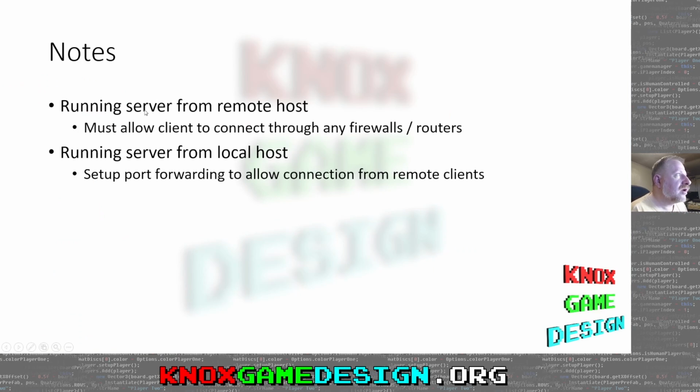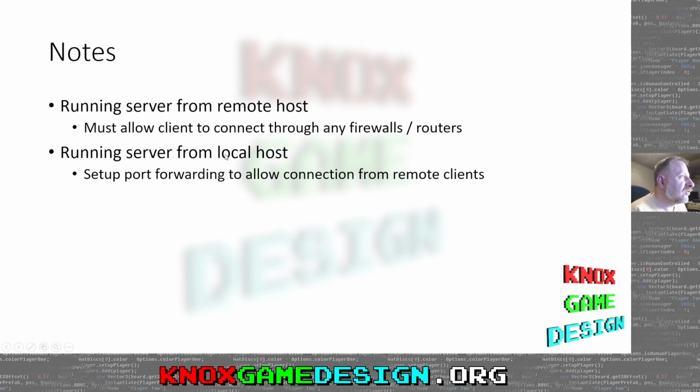So if you're actually running the server on a remote host, where you've got your own server, then make sure you're allowing the client to connect through any firewalls or routers. Make sure that port's open, because a lot of systems will block that by default. If it's not working, you need to check into that.